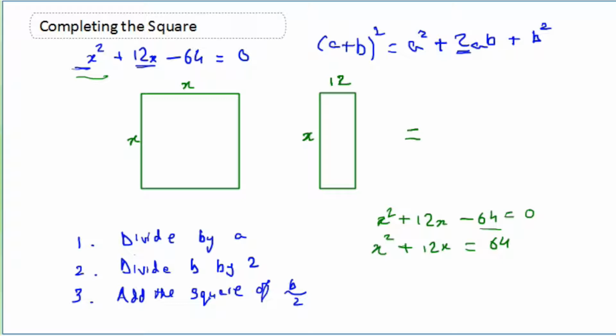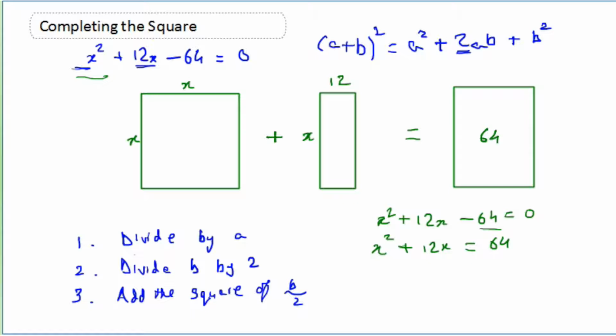So let me draw another rectangle here. I won't really give the dimensions to it, but let's just say that the area of this is 64. So that's what we have here, x squared plus 12x should give us 64. So that's our visual representation.